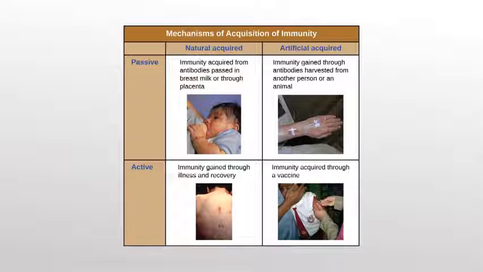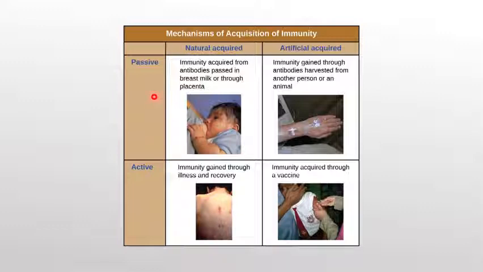One way natural acquired passive immunity occurs is by a mother passing antibodies through the placenta or into breast milk to the infant. Infants are unable to protect against disease because of their immature immune system, and they require antibodies from an outside source through the mother.